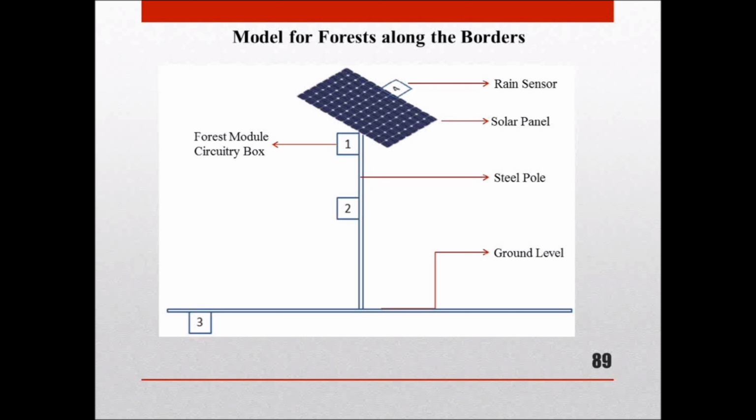And next, the rain sensor is placed beside the solar panel so that it is facing the sky in order to detect rain. Now in position 2, the thermistor is placed. Position 2 is the optimum position for the thermistor from the ground level and from the top, because if fire comes either from the ground level or the top level, in any way it will be detected if the thermistor is kept in the optimum position.